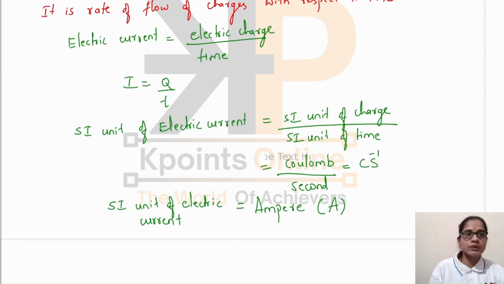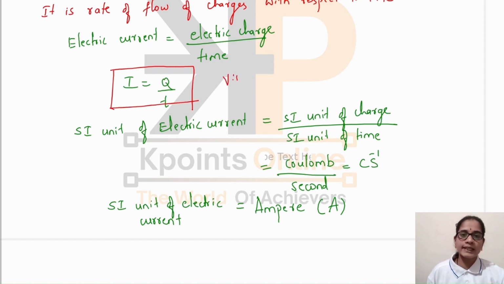So you have to remember here, electric current is the rate of flow of charges with respect to time, and you have to remember this formula. This is very important. You will get numericals based on this formula. This is the formula for electric current, which is equal to Q upon T. And from this formula, you can also calculate the charge.